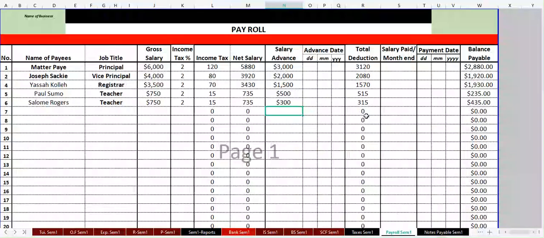Now the total deduction is the taxes that they pay plus the salary advance. If you add both together, you will come up with the total deduction.